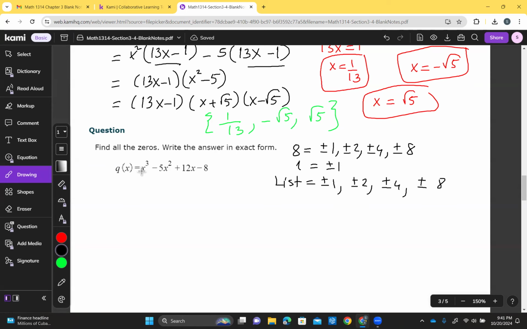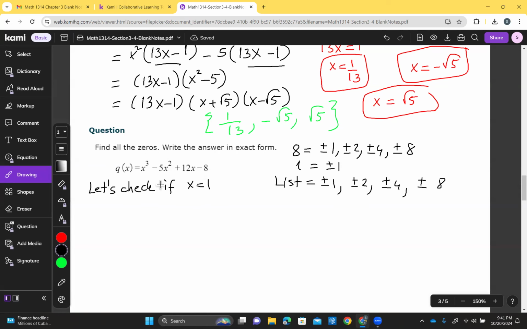If we use 1, remember last section we used the remainder theorem. If I plug in 1 in my head quickly, I see that it's going to be negative 4, 8, and it looks like 1 is going to work. So let's check if x equals 1 is a zero or not.